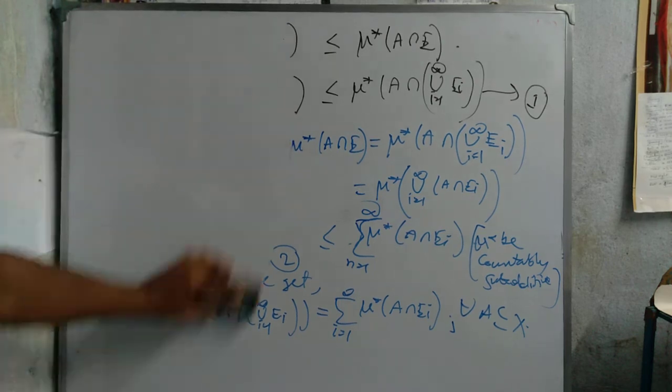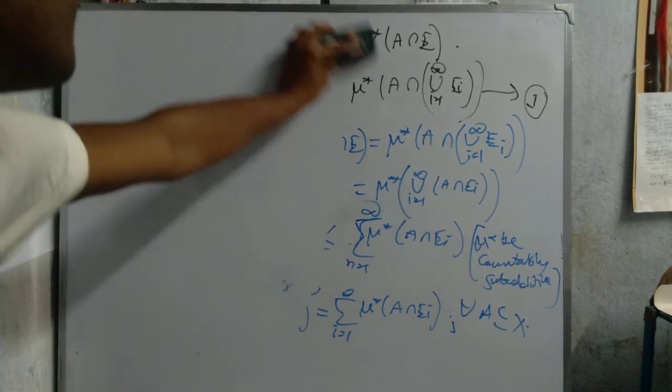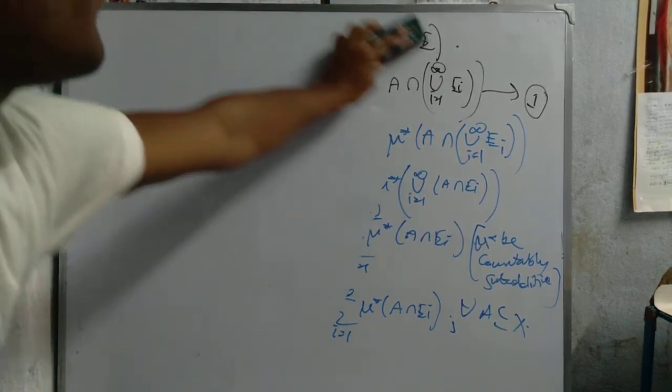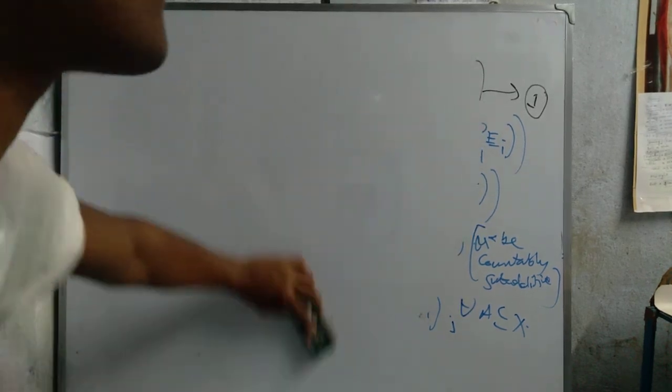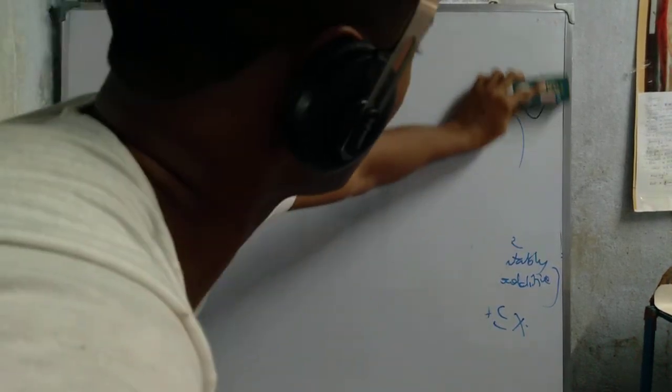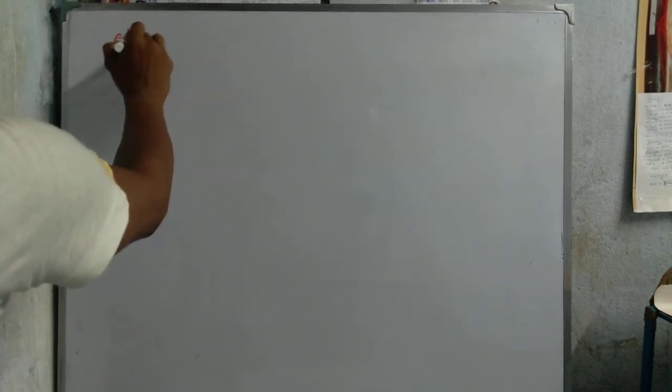What observation do we get? Obviously first we get mu star is additive. Second we get mu star is finitely additive. Now we write here the observation.